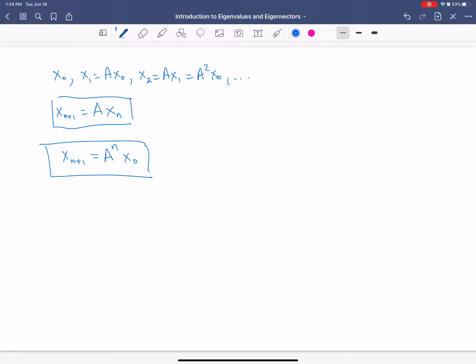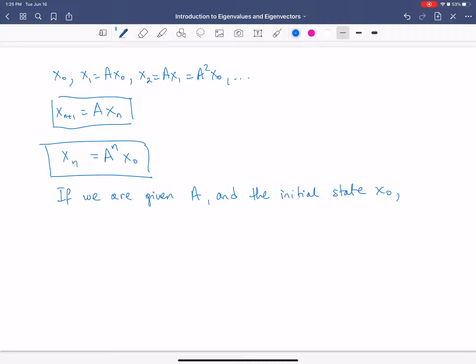So then I ask this: if we are given the matrix A and the initial state x0, how can we find the nth state? I think I have a mistake here. That should be an n because we start at 0.